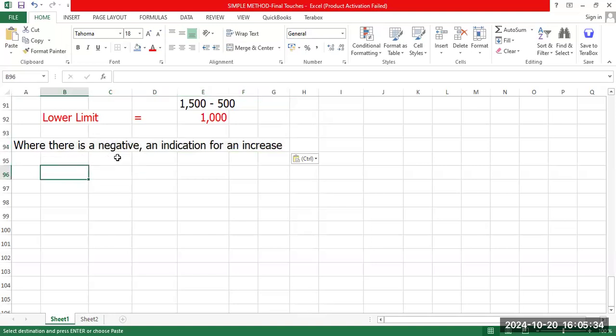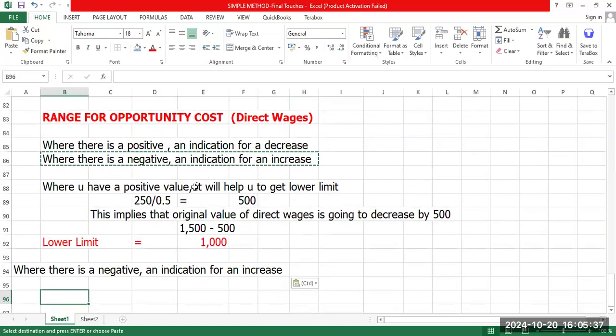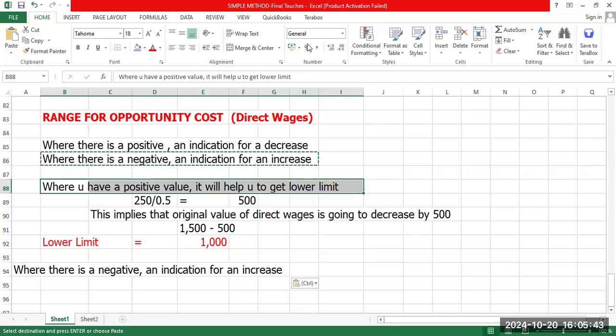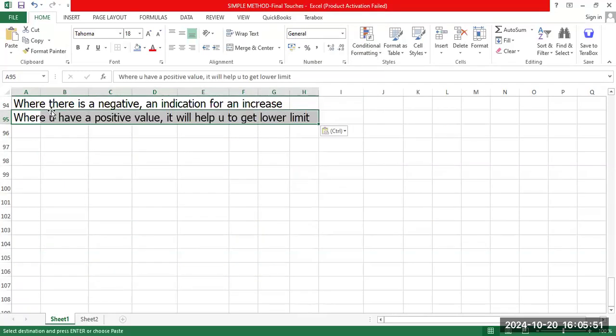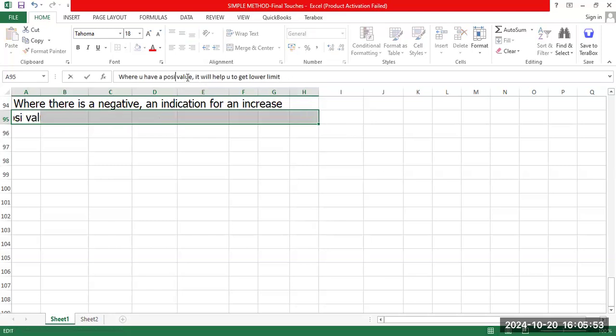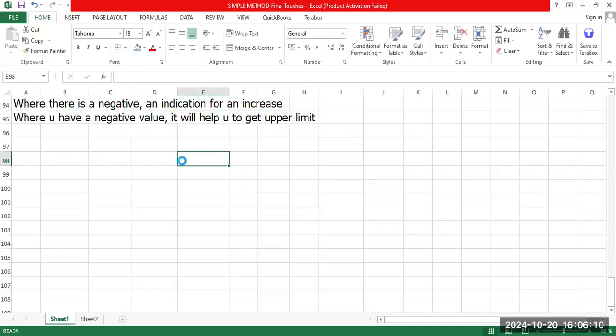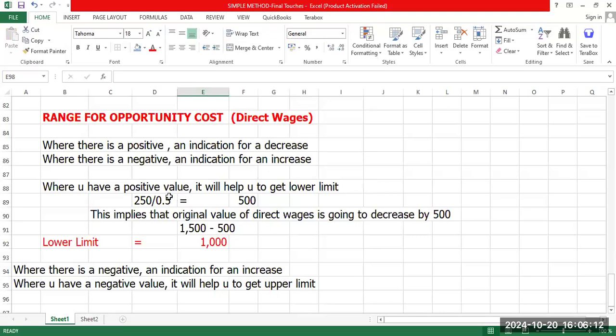And since it is an indication for increase, it means that where we have a negative value, it will help you to get the upper limit.